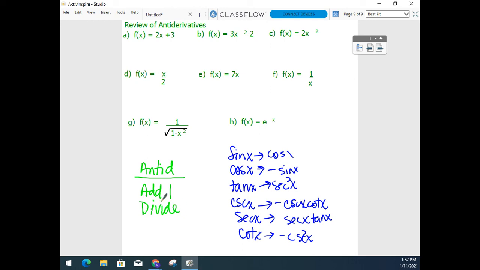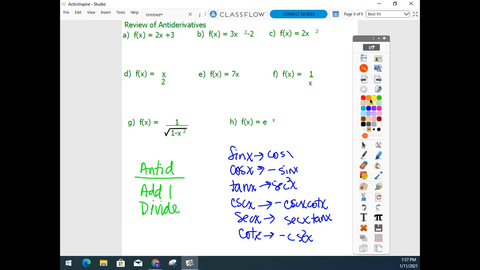All right. So capital F of x, the antiderivative of 2x, we add 1. It's got an exponent of 1, add 1. So that's going to be 2x squared and divide by the exponent. Plus 3x plus c.